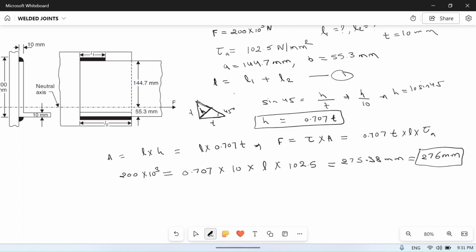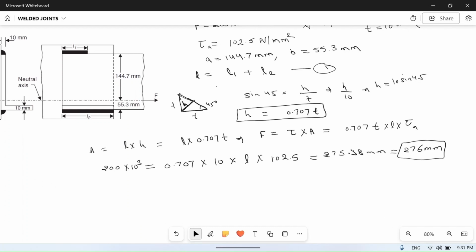So this is total length of weld. Okay, but we have to find L1 and L2 separately. So from here, equation number 1, if we put the value of L, then L1 plus L2 is equal to 276 mm. So this is equation number 1A, you can call.